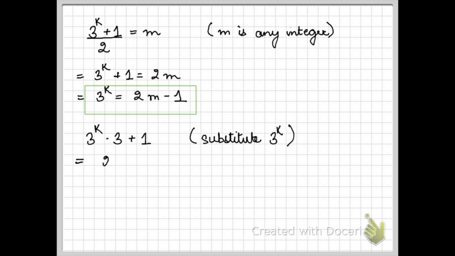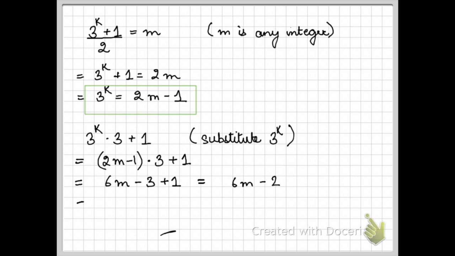So I am going to write 2m minus 1 times 3 plus 1. When I expand it, it will give me 6m minus 3 plus 1, which will give me 6m minus 2. And I can take 2 as a common factor, so I have 2 times 3m minus 1.